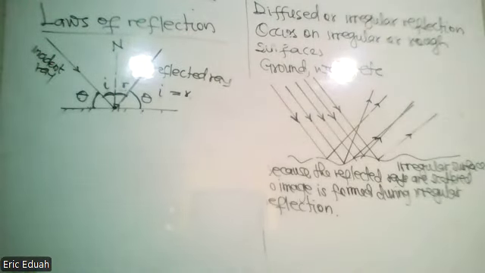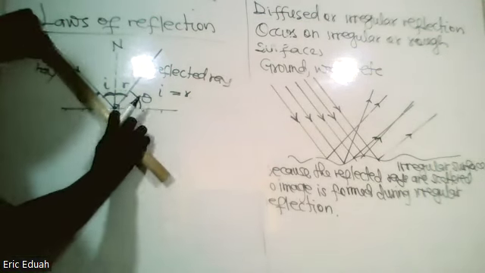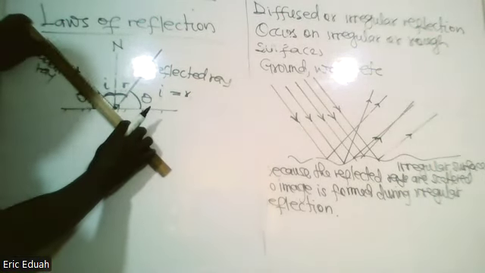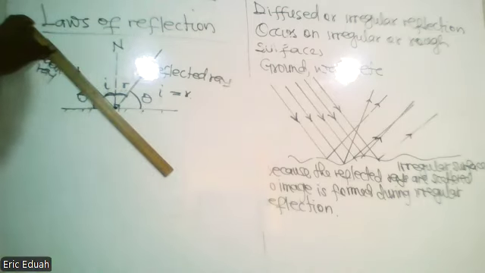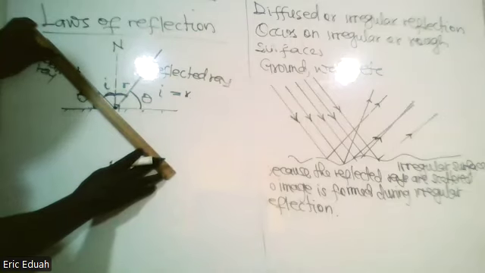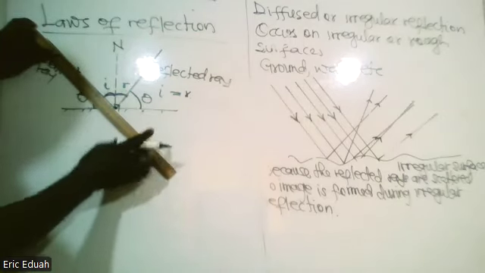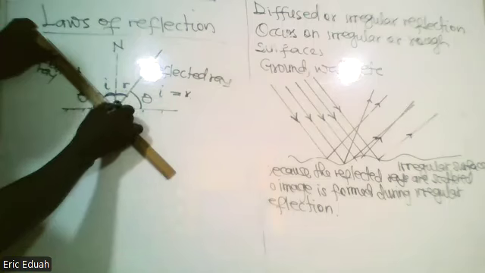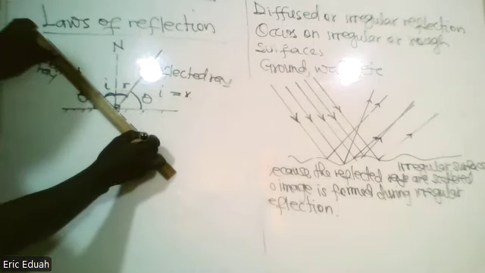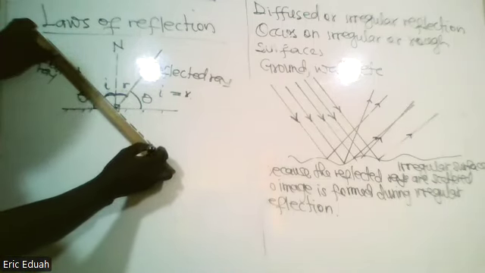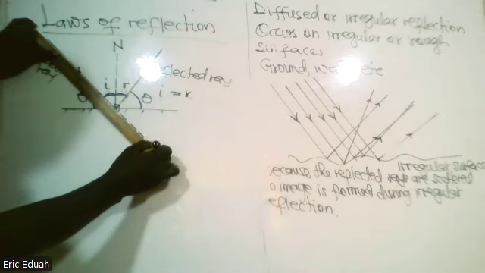Angle of deviation. This ray is the incident ray coming from the source of light, hitting the mirror. Now, ideally, if the mirror isn't there, we expect it to move in this direction, a continuous path. This must be its continuous path.